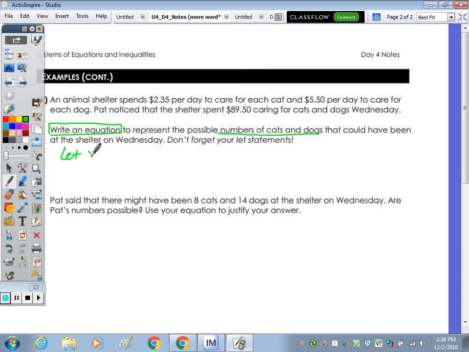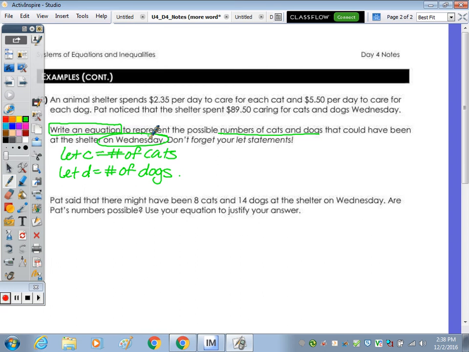So let's let c equal the number of cats, and let d equal the number of dogs. So we're representing the equation for the possible number of cats and dogs at the shelter on Wednesday.